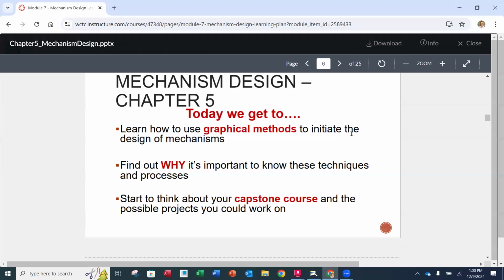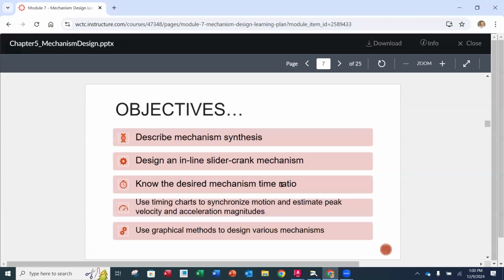It's not to make a list right now in front of the class, but start thinking in terms of that capstone project and how some of this might apply. And when we're doing mechanism design, it's a good place to apply the things that we're going to be learning today.